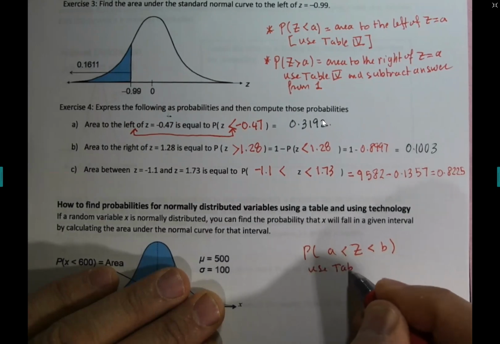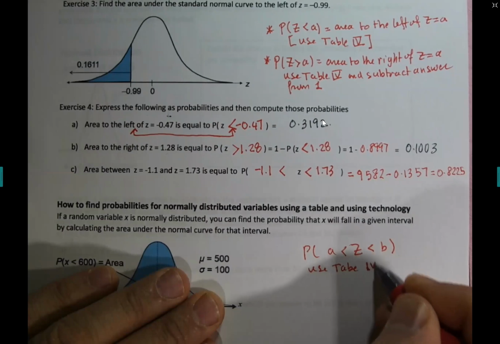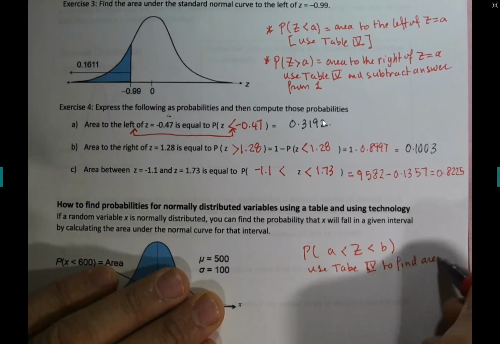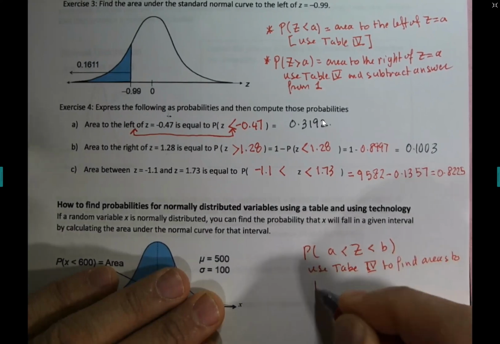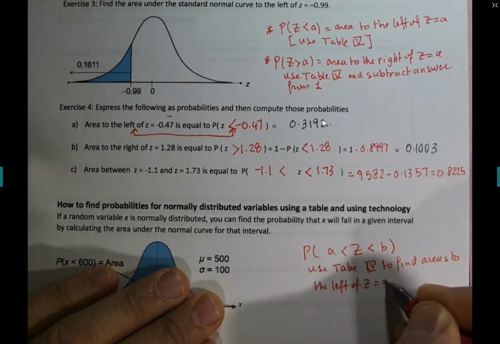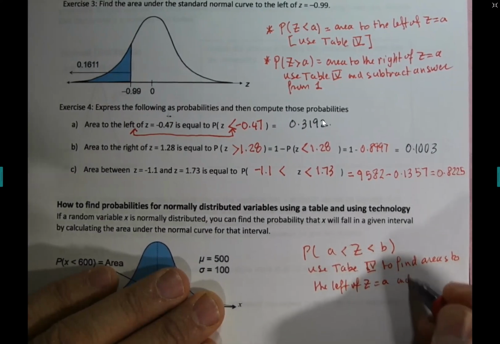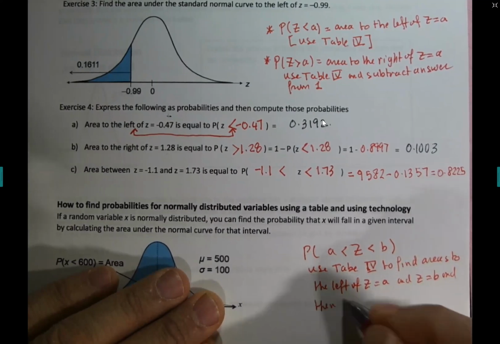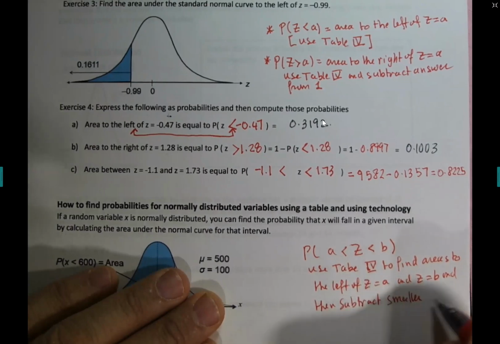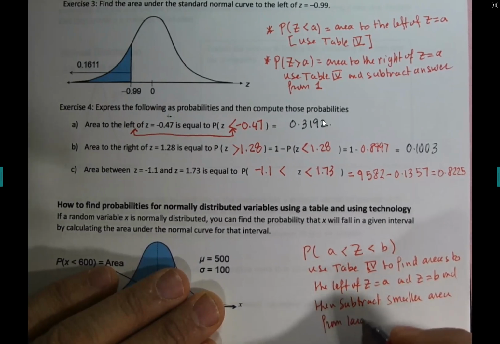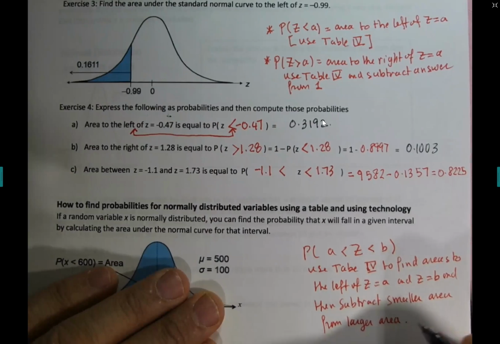Use table 4 to find areas to the left of Z equals A and Z equals B, and then subtract the smaller area from the larger area. Okay.